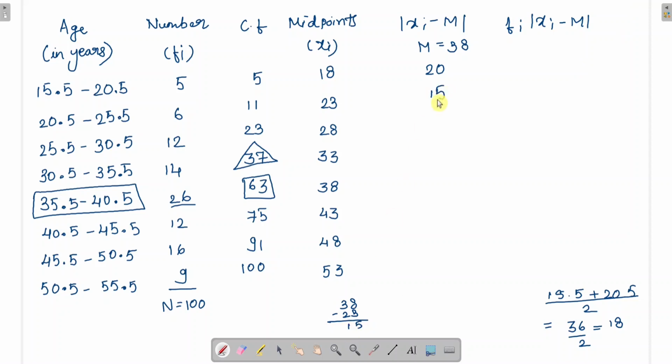Okay, then we will get 10 here. Okay, then 5 and 0, then 5 and 10, and then 15. Now this column we will find out.